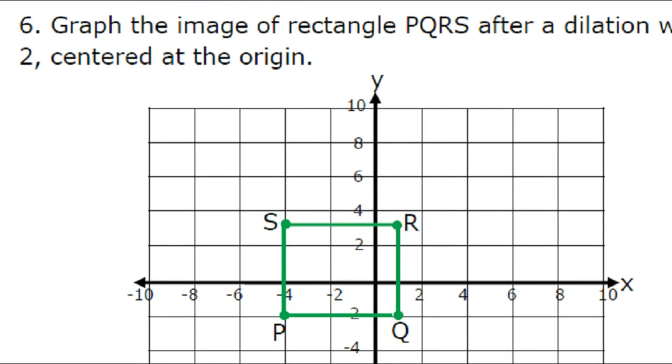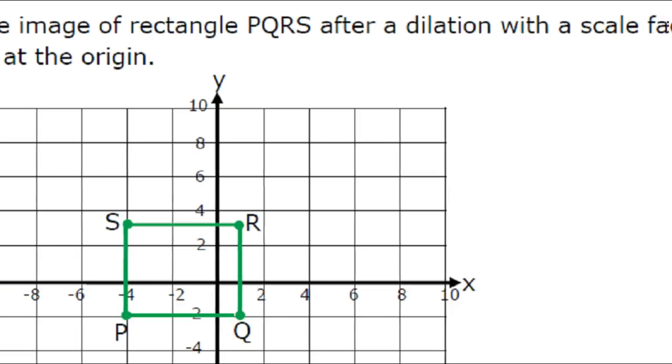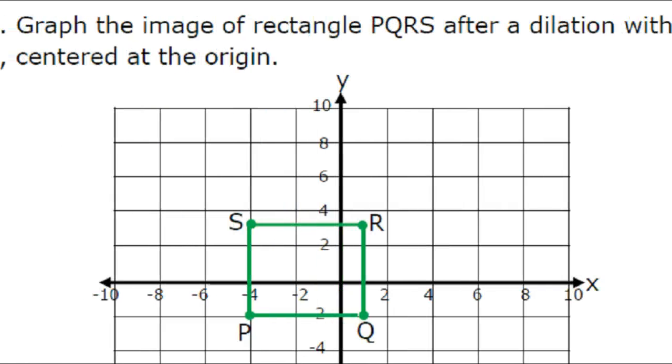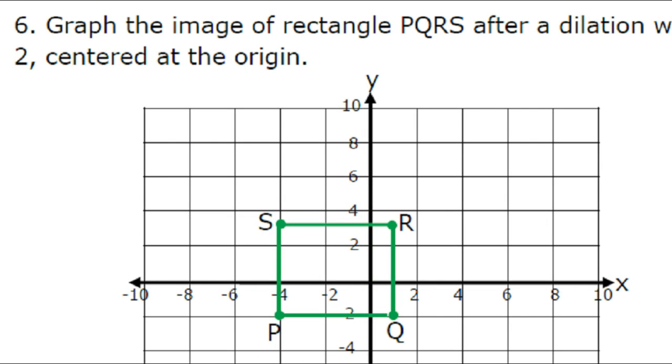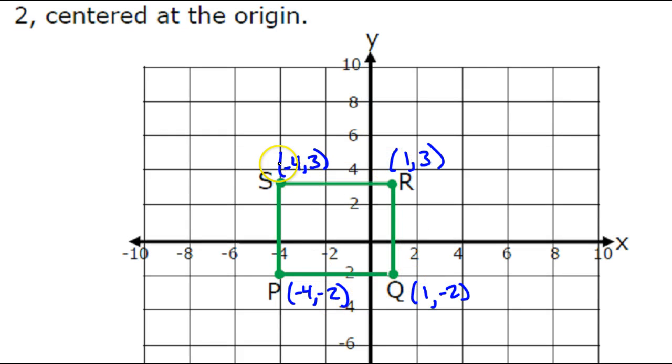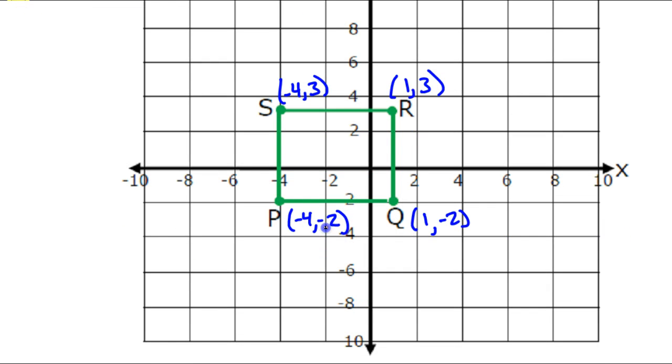Okay, this time we're supposed to do a dilation with a scale factor of 2. Here are the coordinates of the original vertices. So we're doing a scale factor of 2, so we're just going to multiply each of these numbers by 2. All right, so doubling this becomes -8, -4. So that's going to be right here.